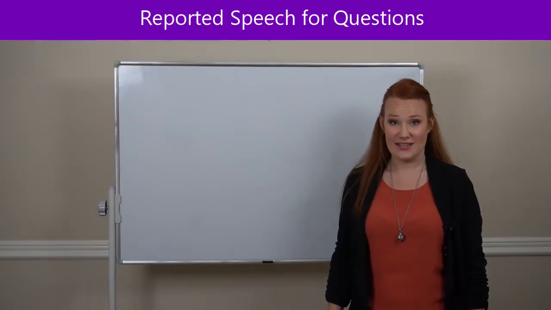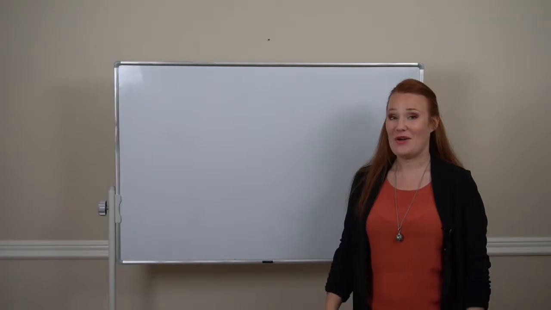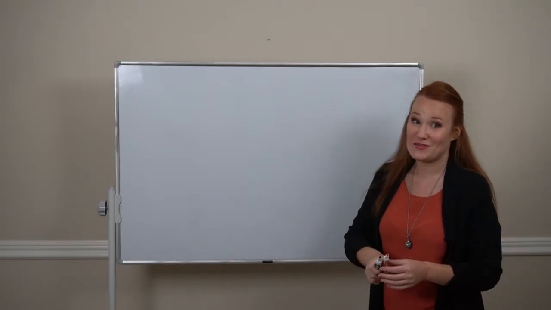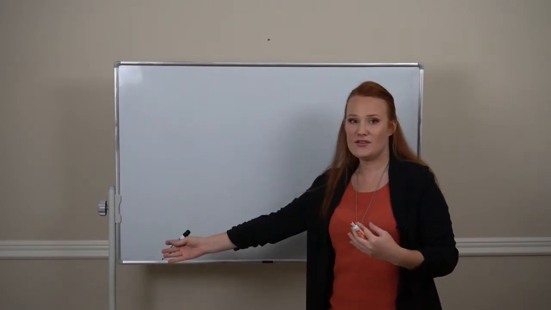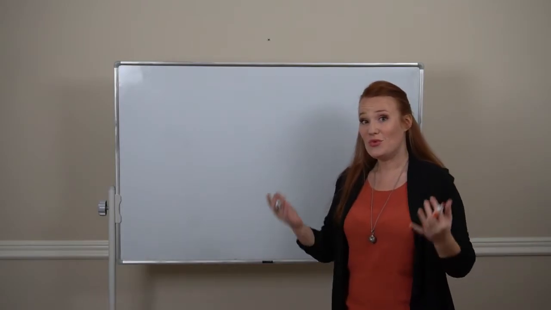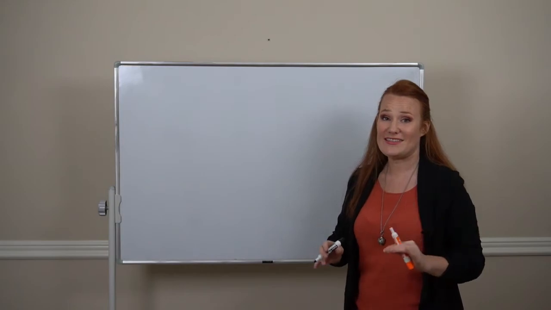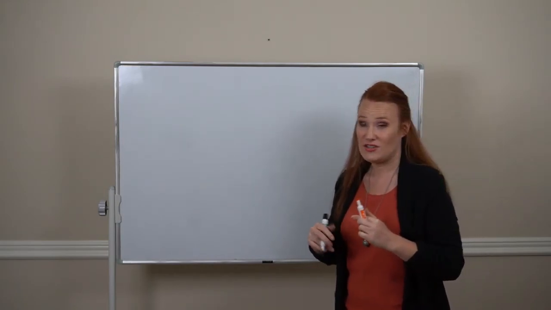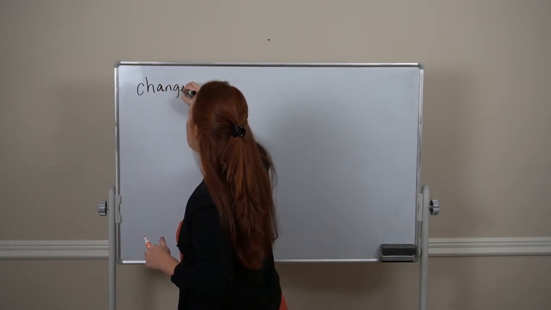Today, let's break down reported speech for questions. Now, we already went over reported speech for statements. We use it when we're telling someone else what someone said. So, when we make reported speech, there's a bunch of things about the sentence we have to change. Maybe you remember some of these.